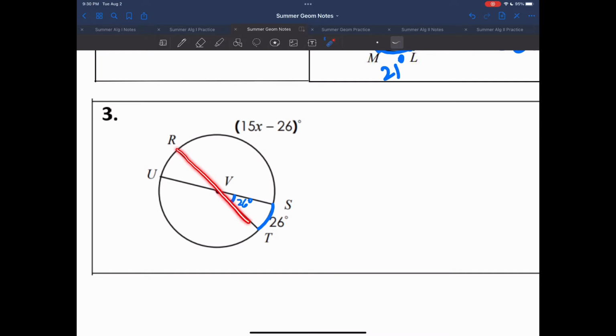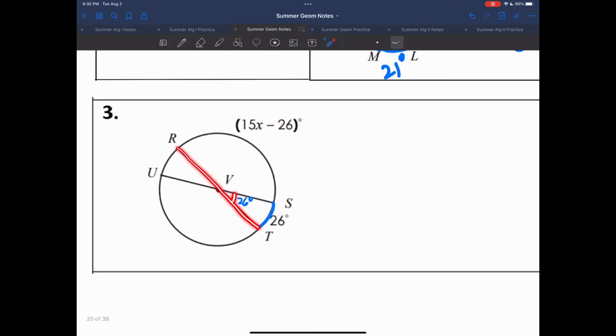Let me highlight this one because I know I can always find an angle next to that one because they have to add to 180. So let's do 180 minus 26, which is going to give us, what is that, 154 degrees. So now we actually do know this angle, and it's going to be 154.